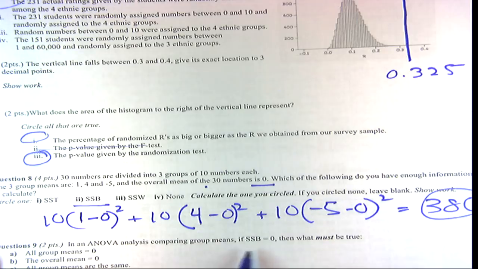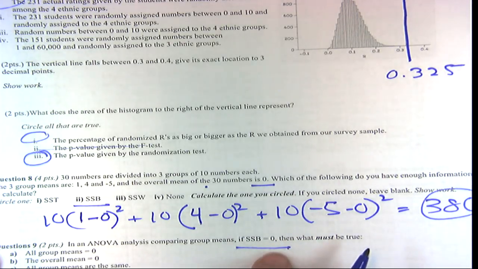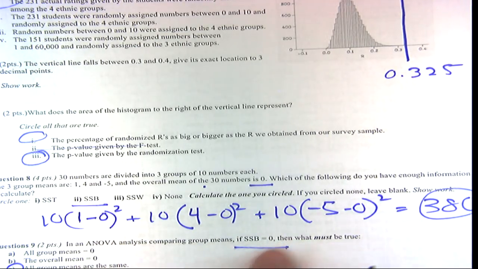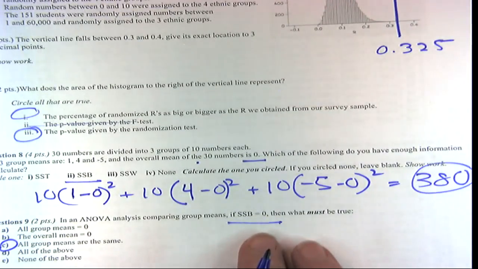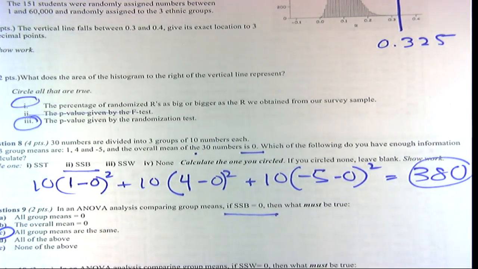If there's no difference between the groups, there's no difference between the group means. That's what that measures, the difference between the group means. Then they all have to be the same. They don't all have to be 0, but they all have to be the same. That means there's no difference. If the sum of squares between groups is 0, that means there's no difference between the groups.